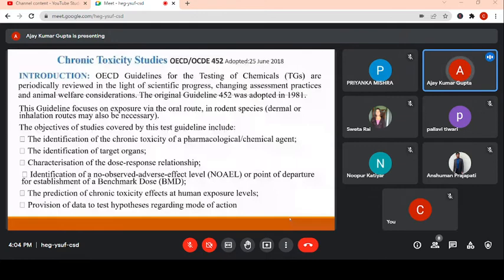So this guideline focuses on exposure via the oral route in rodent species.